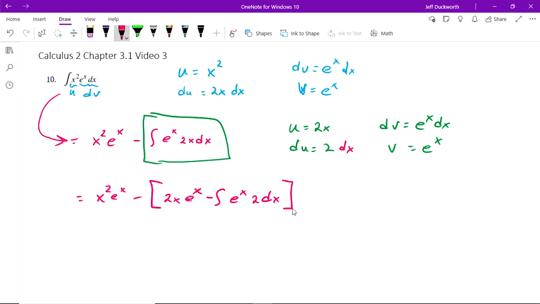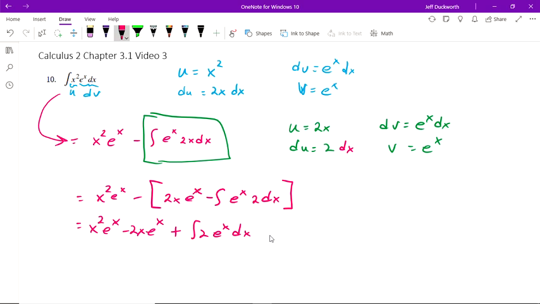Okay, so now we're going to distribute this negative all the way through. So x squared e to the x minus 2x e to the x, and this will be plus integral of 2 e to the x dx.